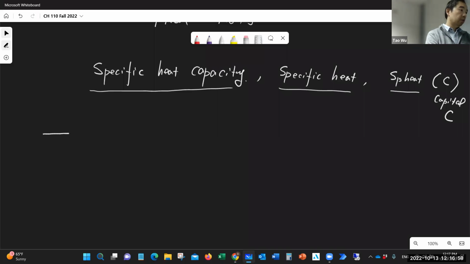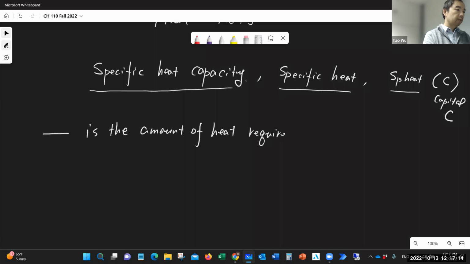The definition here is: specific heat is the amount of heat required to raise 1 gram of an object by 1 Celsius.